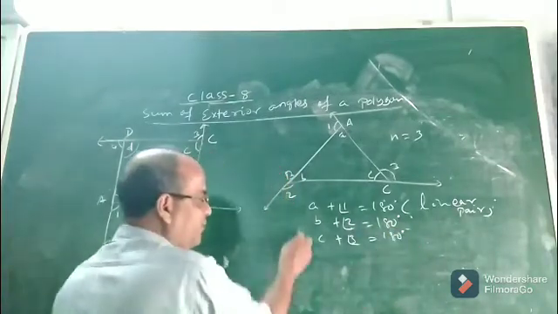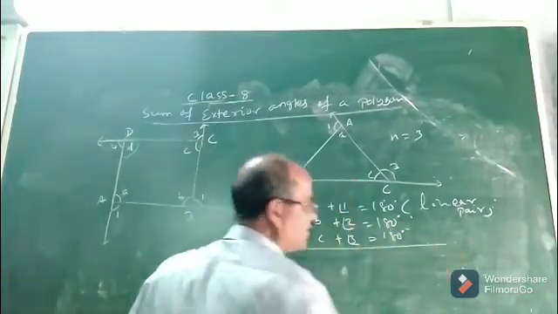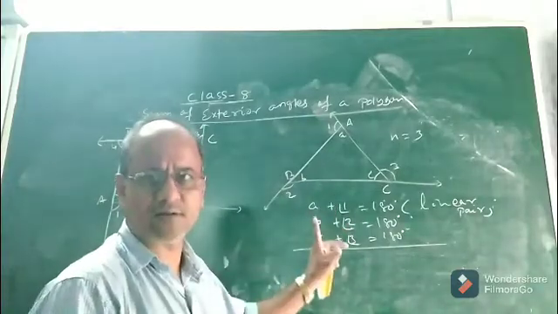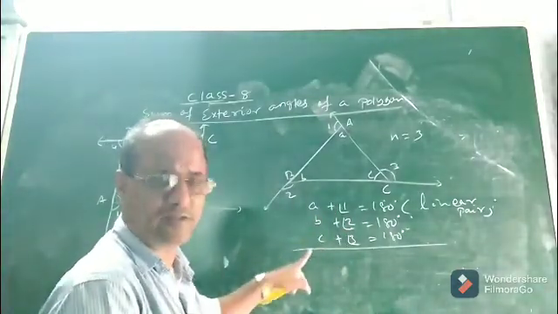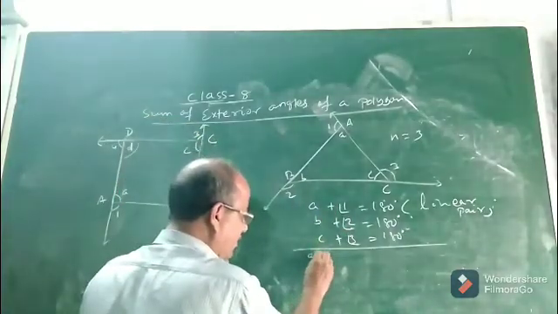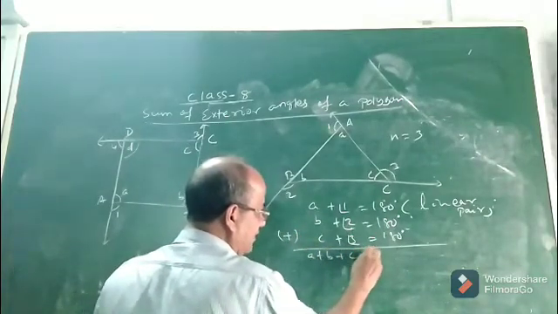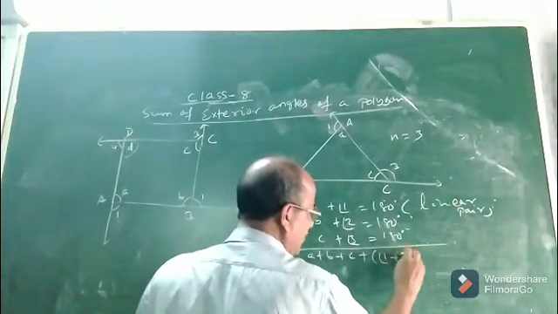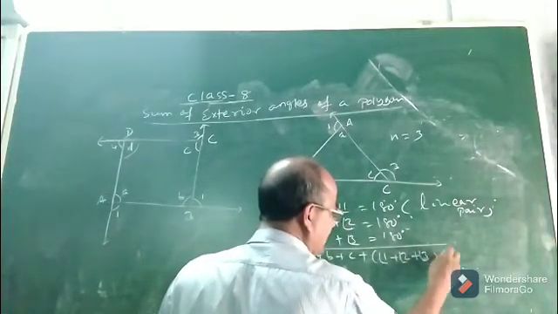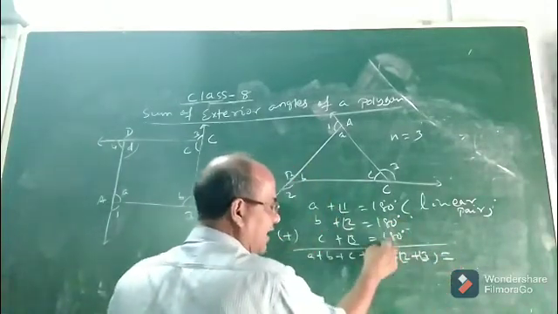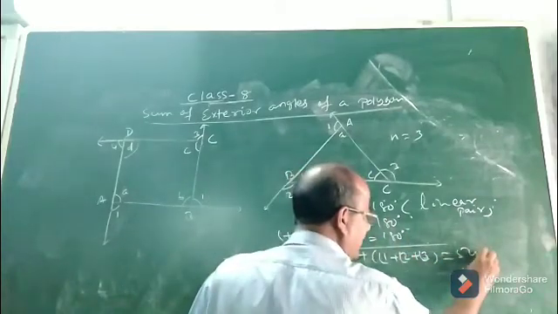Now, if we add these 3 equations, what will we get? On adding, A plus B plus C plus angle 1 plus angle 2 plus angle 3. This will be 180 added 3 times, it will be 540 degree.